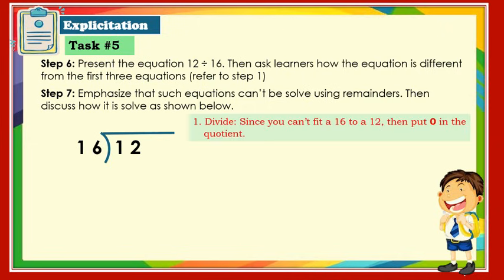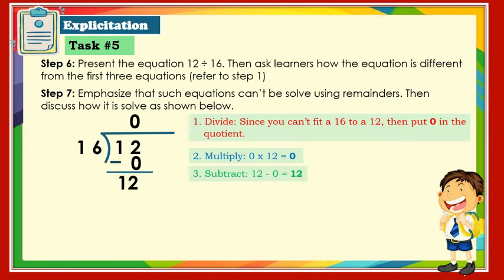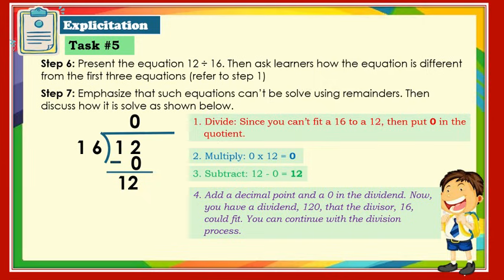That's the time that we need to add a decimal point and 0. Add a decimal point and 0, copy the decimal point in the quotient, and then bring down 0 to our new dividend. So 12 becomes 120. 120 divided by 16 is 7. 7 times 16 is 112. Then subtract, and that makes it 8.